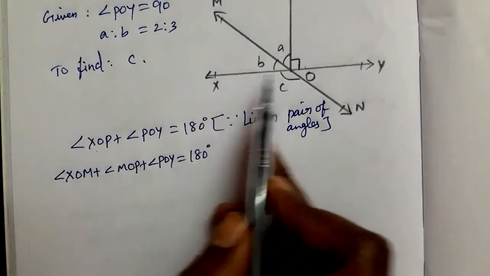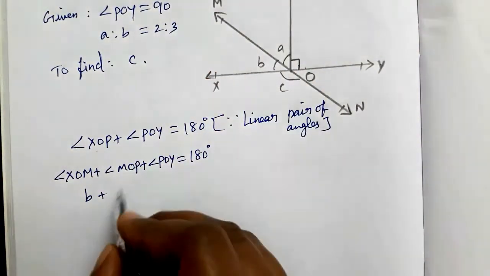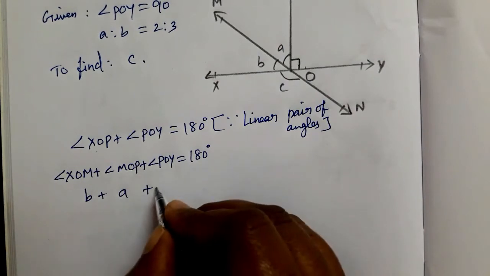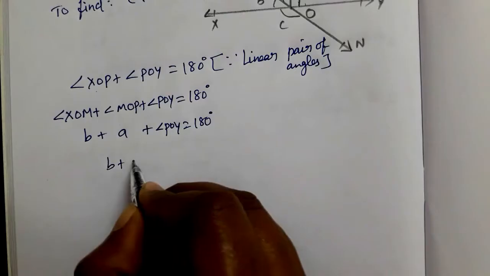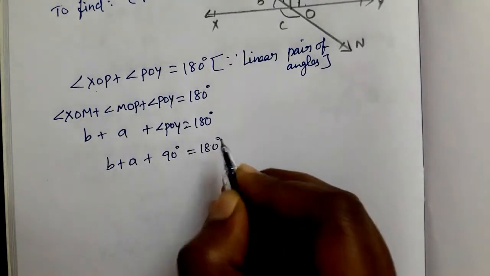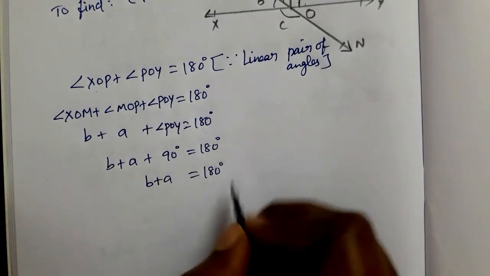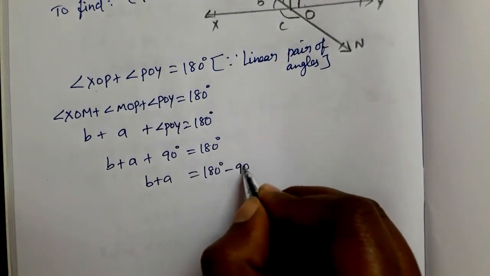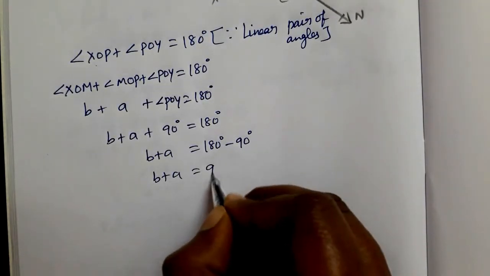Here angle XOM is b, angle MOP is a. So b plus a plus 90 degree equal to 180 degree. So b plus a equal to 180 degree, this plus 90 degree becomes that side, minus 90 degree. So we will get b plus a equal to 90 degree.